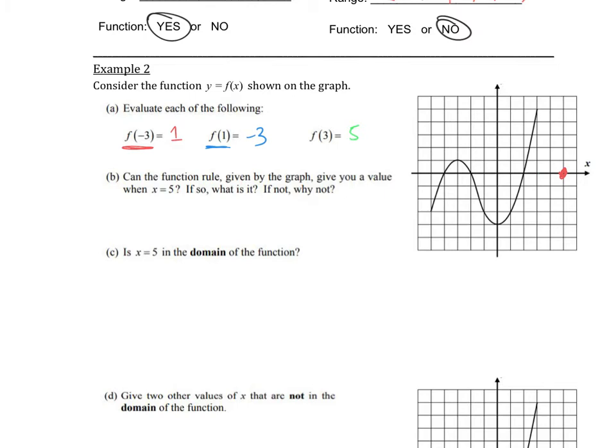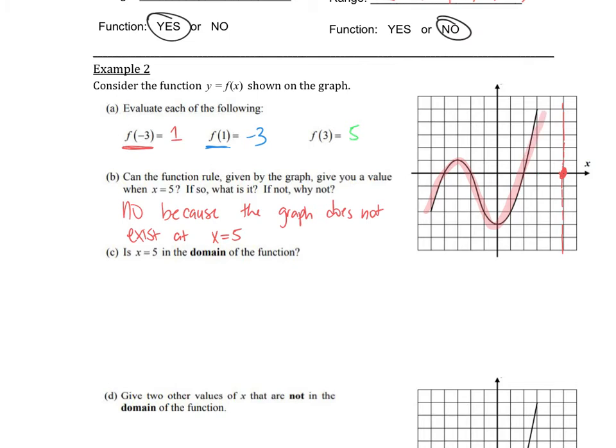If I go up and down there, kind of look to see if my graph is there. My graph is not there, right? So no, because the graph does not exist at x equals 5. Right, so that function rule does not exist there, because my graph is only right here. This is where I see my graph.